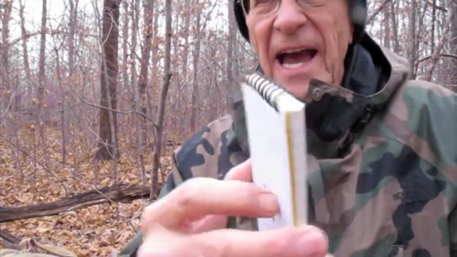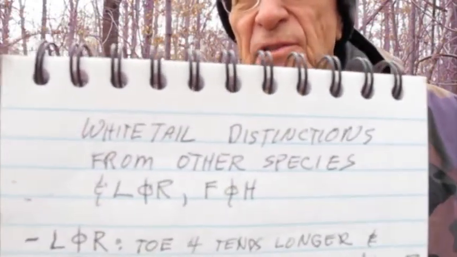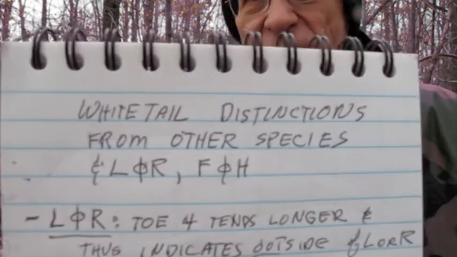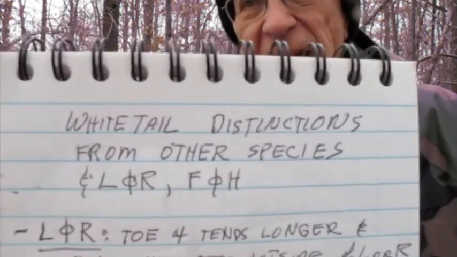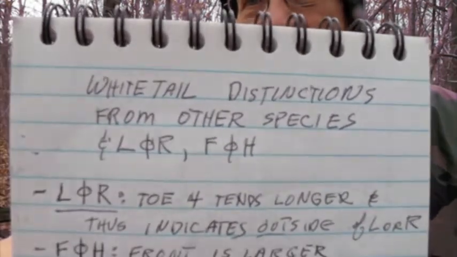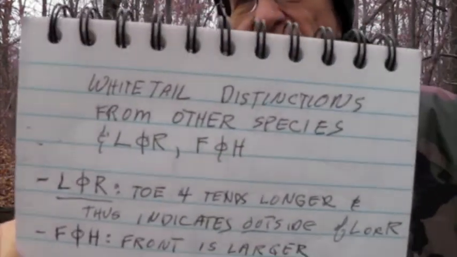The final thing I have, I call distinctions. This contains information on how do I distinguish left side from right side and front from back if I'm looking at tracks. And so I have just a few things in here.